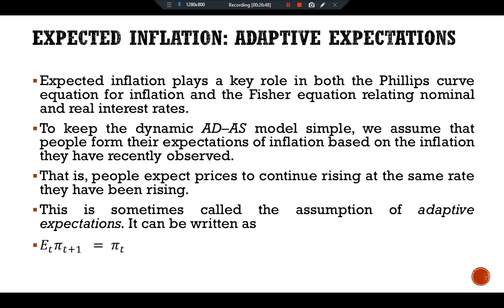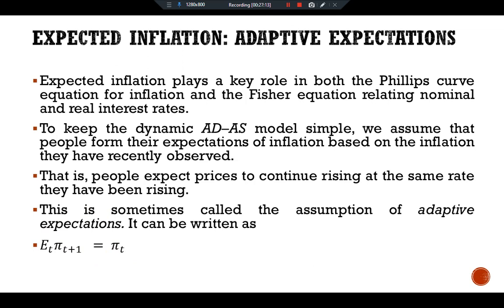Okay, the same assumption applies in every period. Thus, when inflation was observed in period t minus 1, people expected that rate to continue. This implies that Et minus 1 pi t is equal to pi t minus 1 as well.